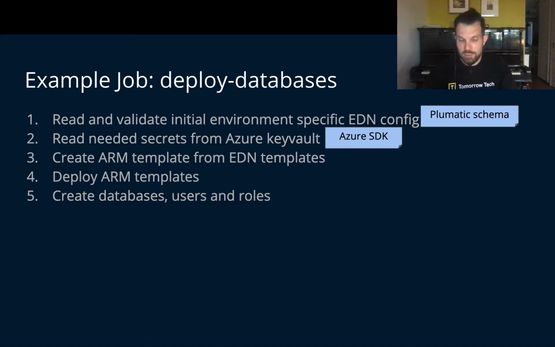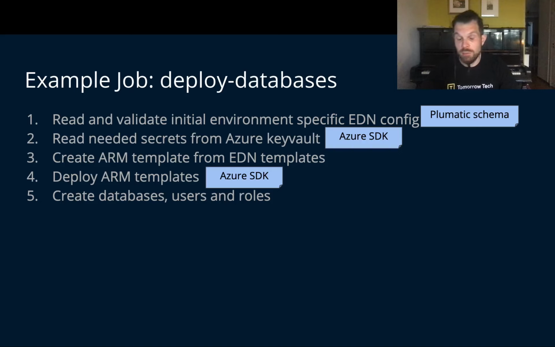And then when we deploy those templates, we read EDN in and create the same kind of JSON that the Azure portal creates. Then we deploy them again using the Azure Java SDK. After the deployment, there are some new database services that we can use, and we can connect to those databases.